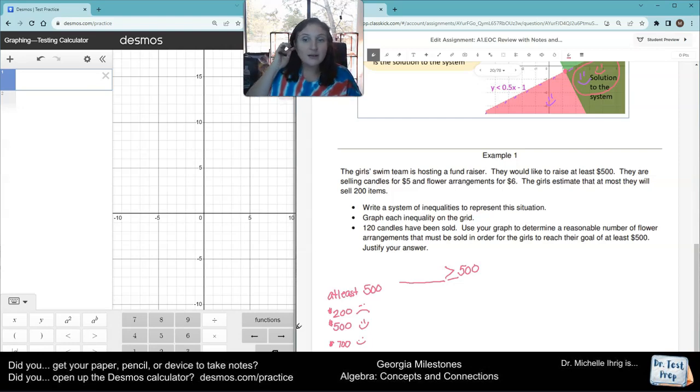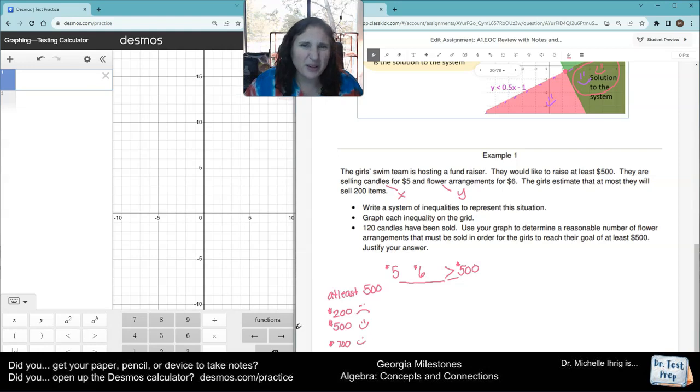So it says like, okay, well, they're selling candles and flowers. So to make life easy, we're going to call candles X and we're going to call flowers Y. Now notice how this is $500. That's a hint that this 5 and this 6 needs to be there because that also deals with money. I'm only writing the dollar symbols to not confuse you.